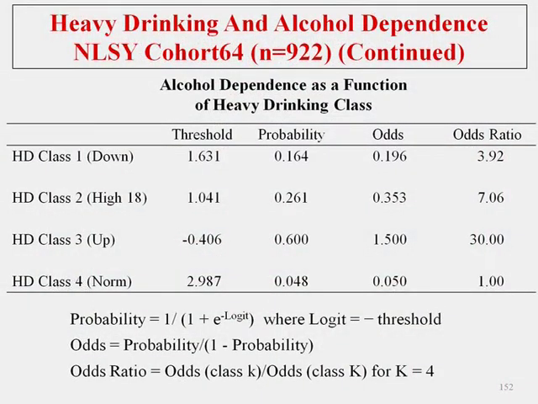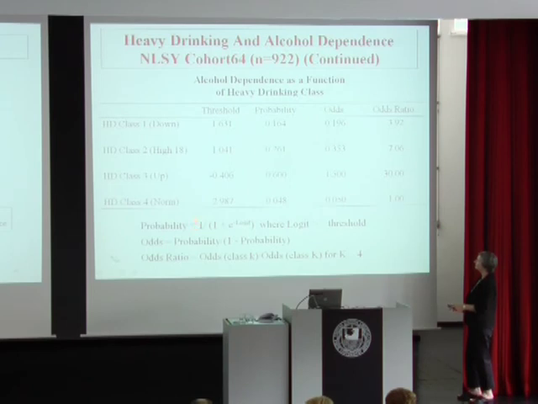So the thresholds can then be turned into probabilities, as we saw, and here we give the formula. Just to remind you, we have a threshold here. The probability is 1 divided by 1 plus e to the minus logit, where logit is equal to a minus threshold. So the logit would be minus this, and then minus logit would end up being the positive number again.